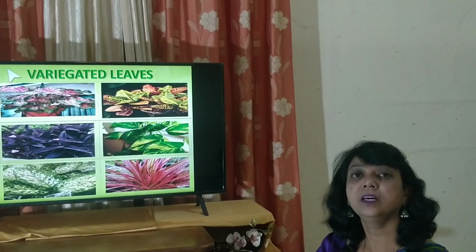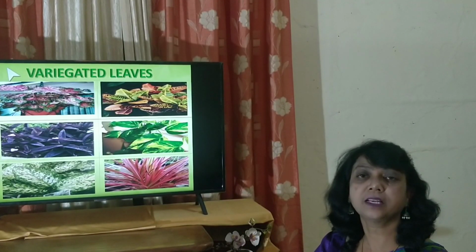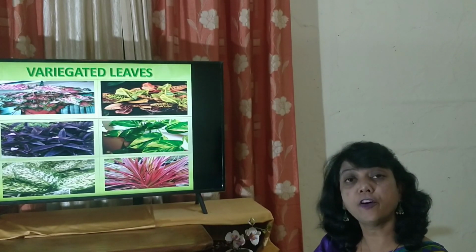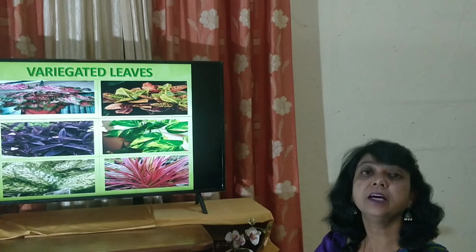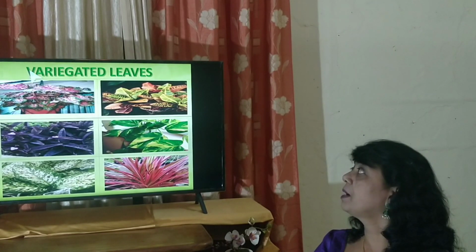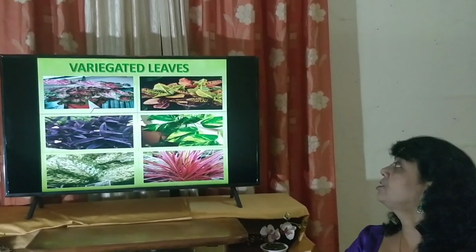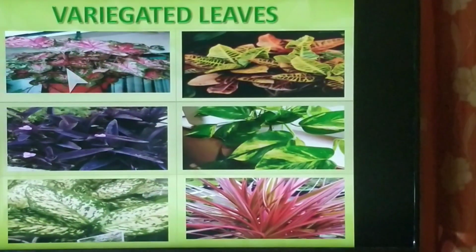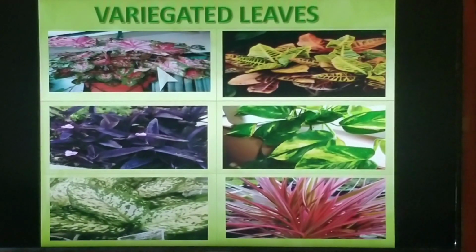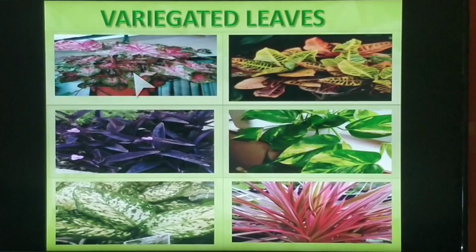The picture displayed here is quite colorful. This picture is of plants which have colorful leaves. Let us see one by one. The first picture is of caladium, which has colorful leaves.